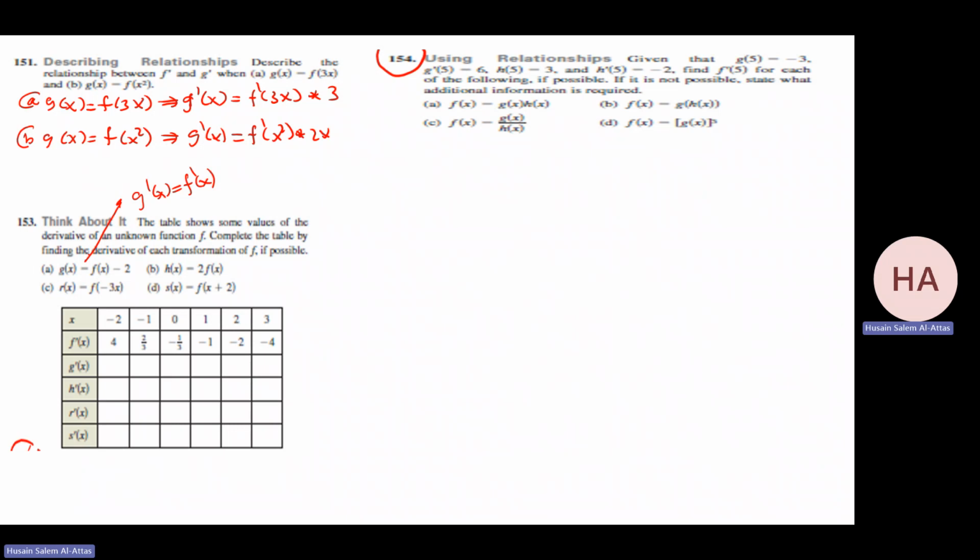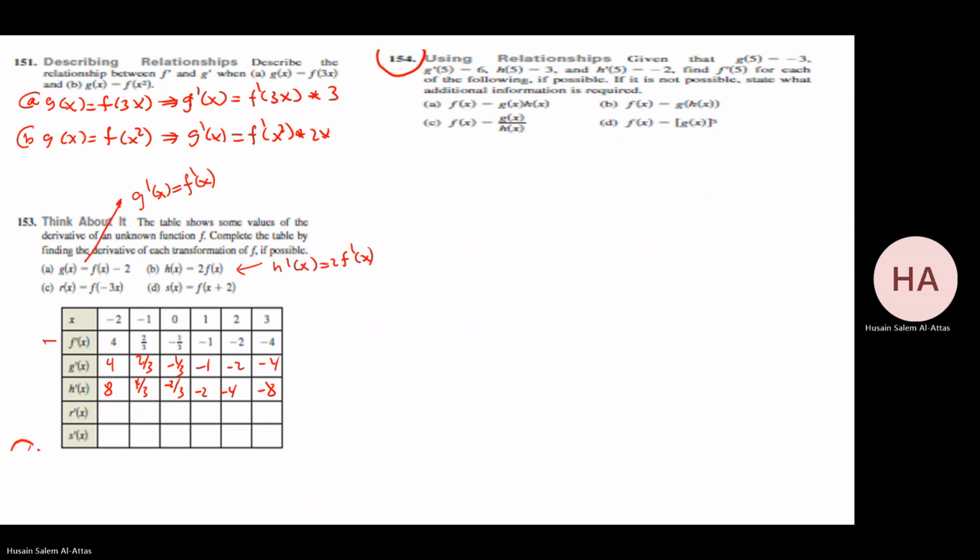So these numbers should be the same. Okay, this one, h prime equals 2 f prime. That means I need to multiply f prime by 2. That will be 8, 4 over 3, minus 2 over 3, minus 2, minus 4, minus 8.